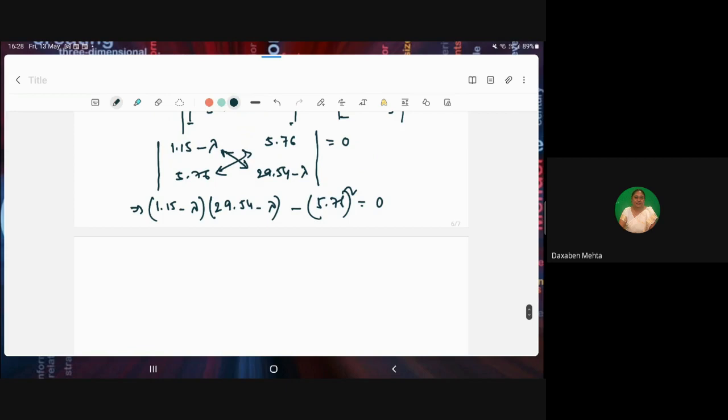When you calculate this equation, you get a quadratic equation in terms of lambda. If we solve it, it is like this: lambda squared minus 30.69 lambda plus 0.7934.